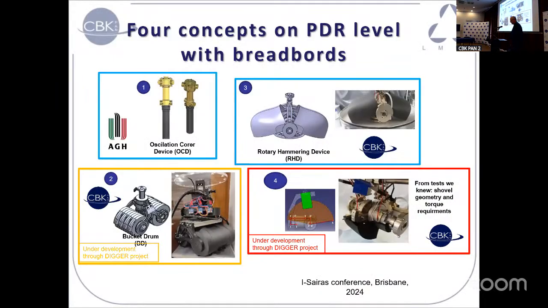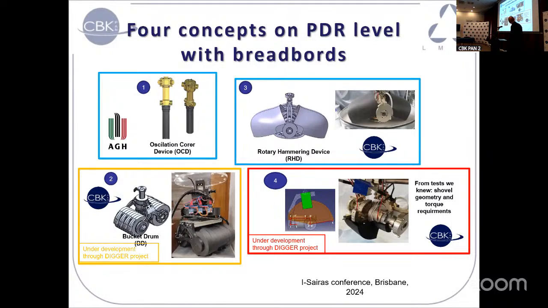At the first stage of this activity, we simply compared four different solutions. The first was called the oscillation corer device, developed by AGH University of Science and Technology. The second was based on our previous experiment called PACMOON, which in the frame of this activity we call the rotary hammering device.